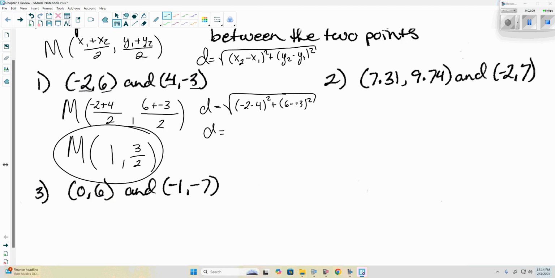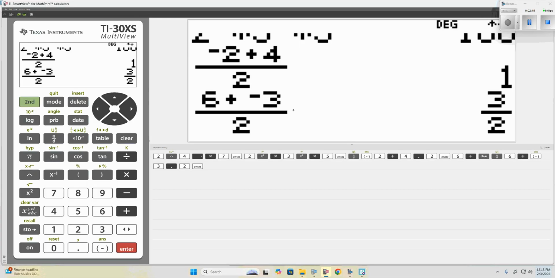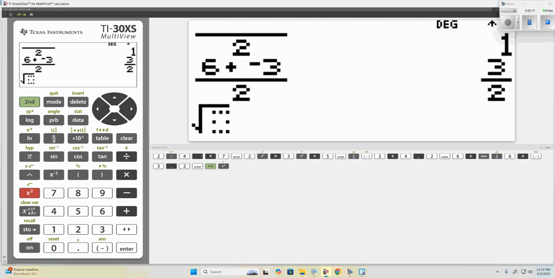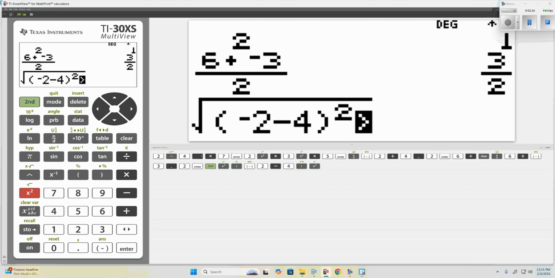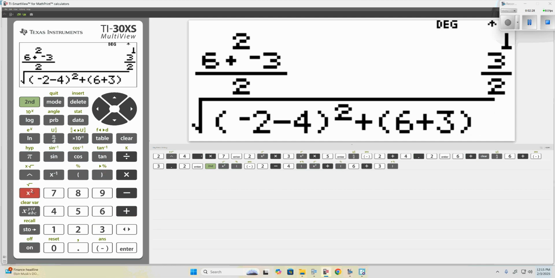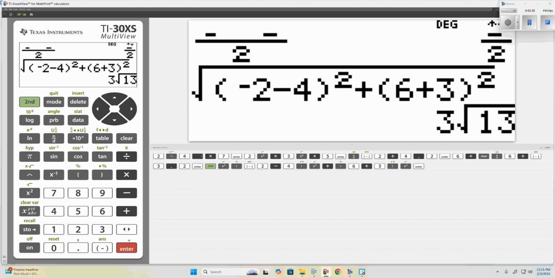Now the negative really is going to be a plus. And at this point here, we can just grab the calculator, say second square root, -2 minus 4 squared plus 6 plus 3 squared, 2 squared of 13.